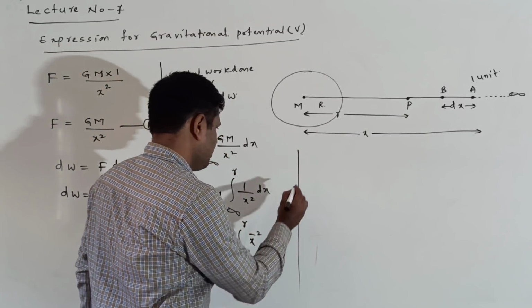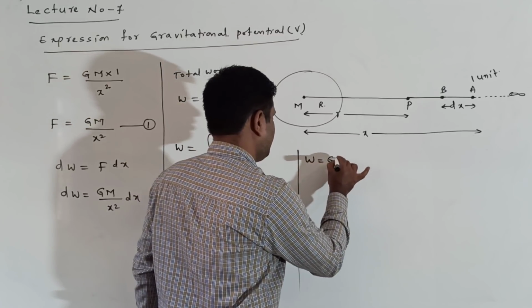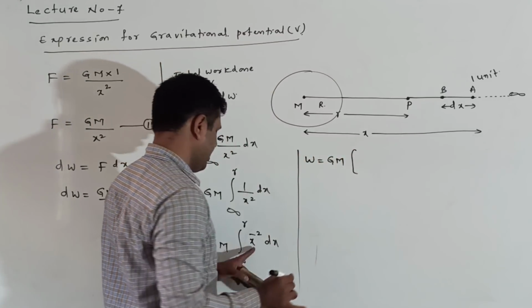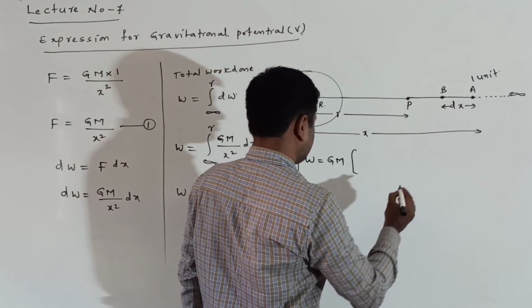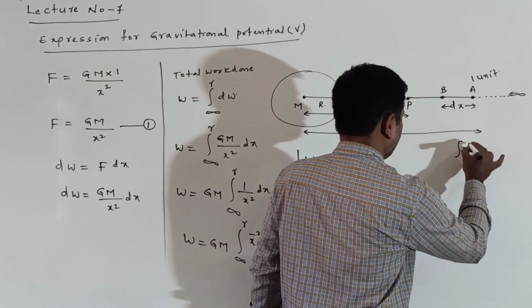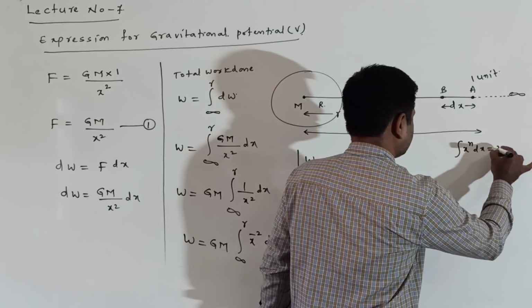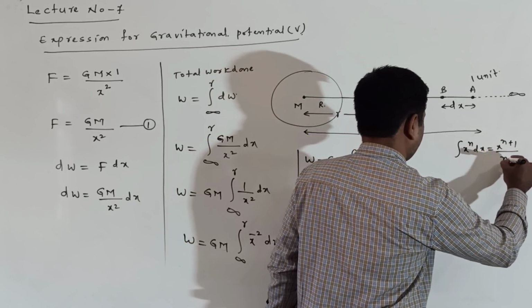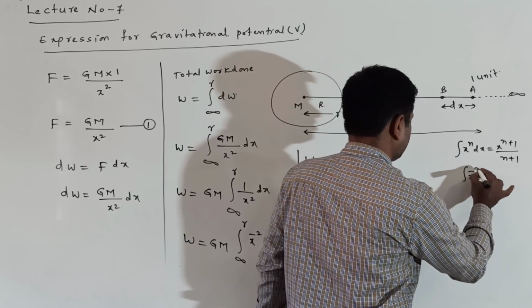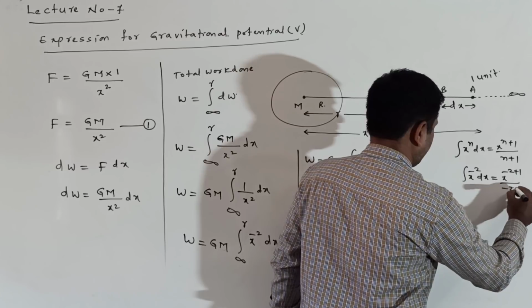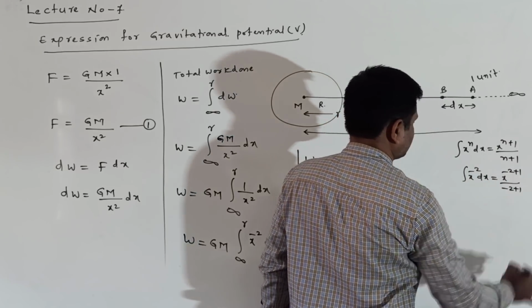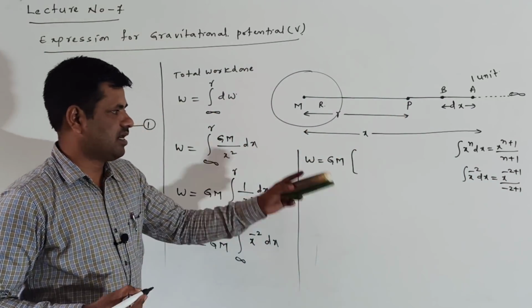Now W is equal to GM into integration of x power of minus 2. Already we know that integration of x to the power of n dx is equal to x to the power of n plus 1 by n plus 1. Similarly x to the power of minus 2 dx is equal to x to the power of minus 2 plus 1 by minus 2 plus 1.